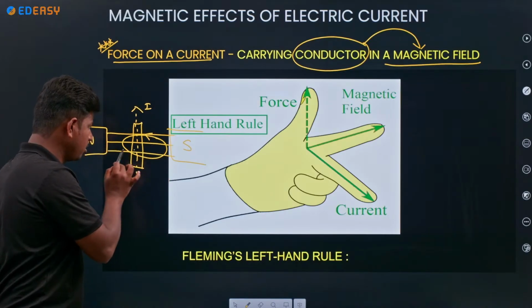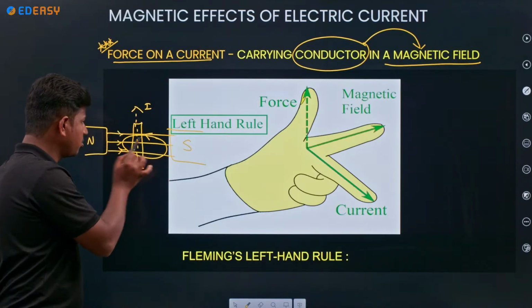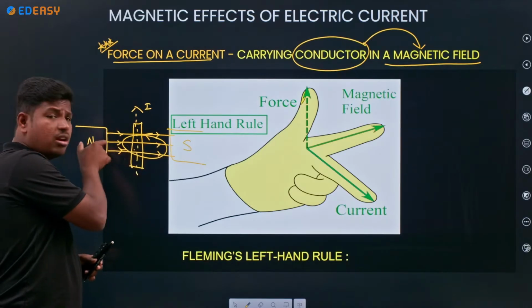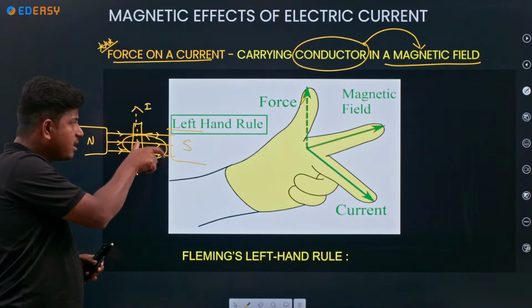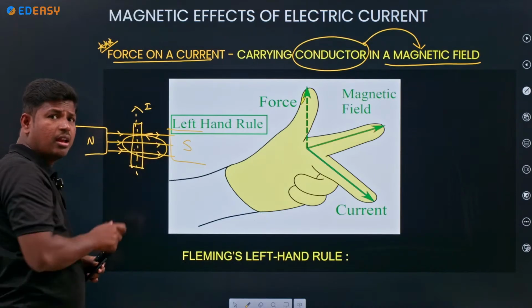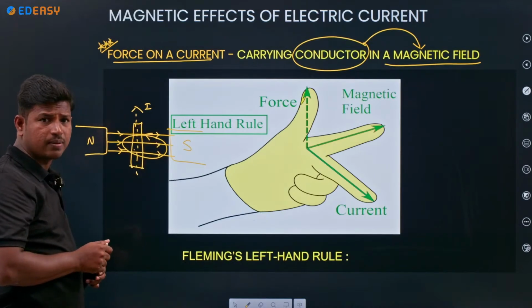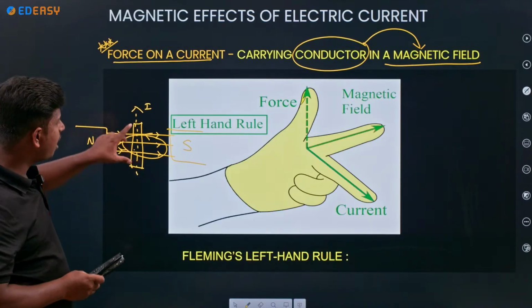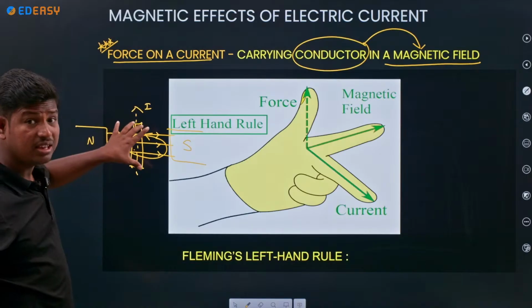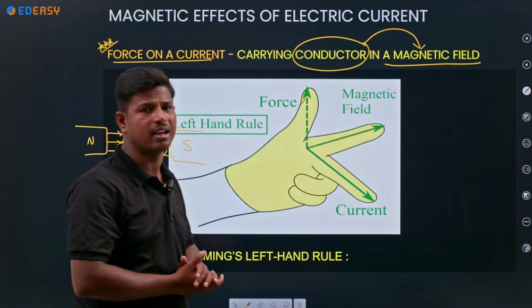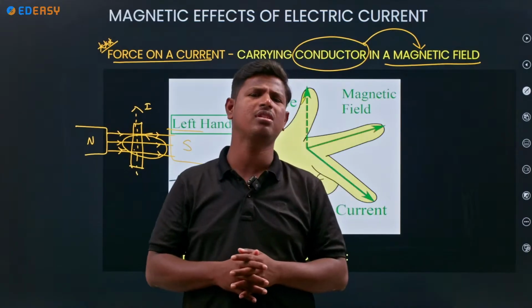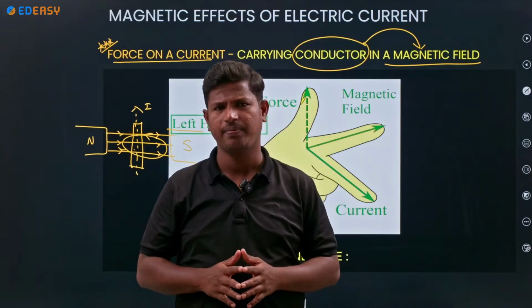In between the magnets, we place the current carrying conductor. Here you have to identify in which direction the force is acting, and first see whether the conductor is experiencing a force or not.